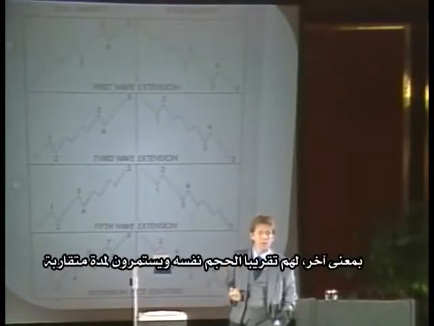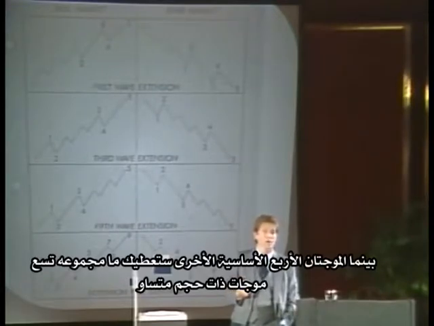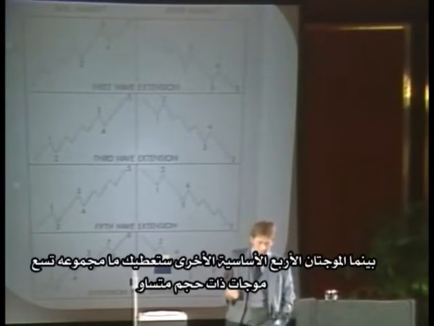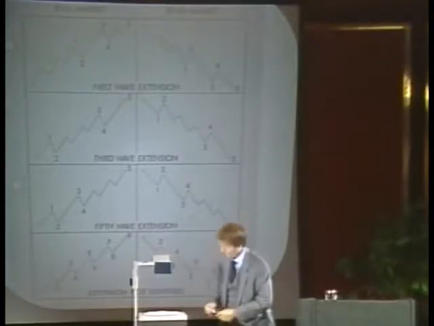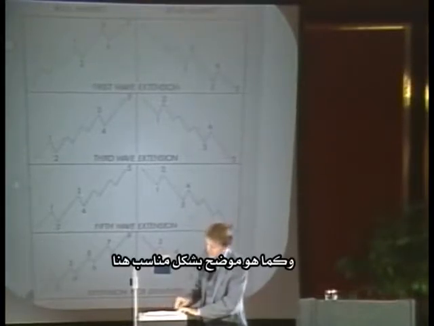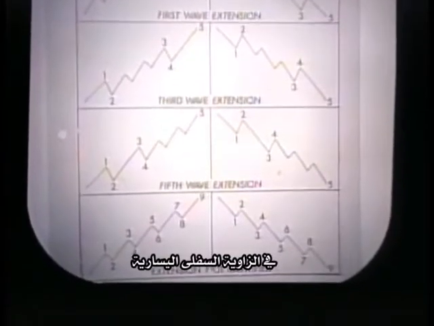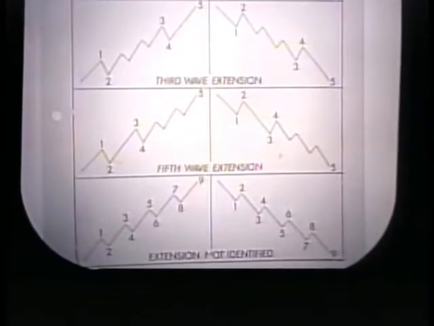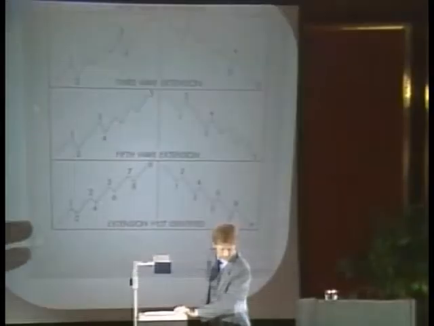In other words, they're about the same size and they last about the same time as the other 4 main waves, which give you really a total count of 9 waves of a similar size, as is illustrated very nicely right here, lower left-hand corner. That's a typical extension. 9 waves, all pretty much the same size and lasting about the same length of time.